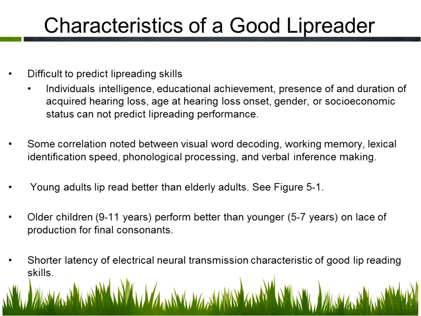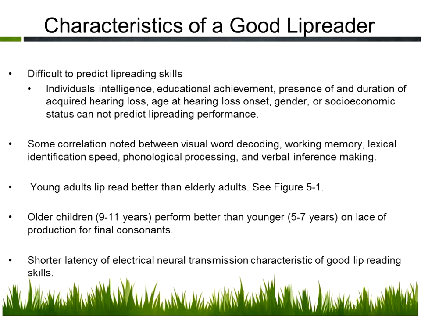Again, it's about processing speed. Older children perform better than younger children, particularly with the production of final consonants. And that's probably because they simply had more language experience. So they are skilled users of the language and can infer what would be the sound at the end of the word.